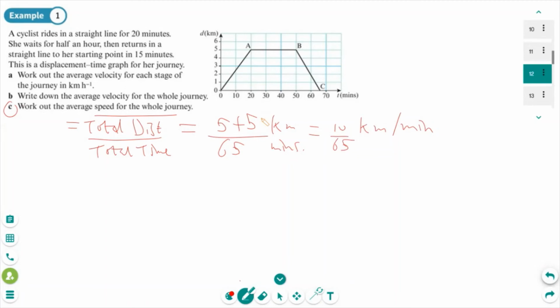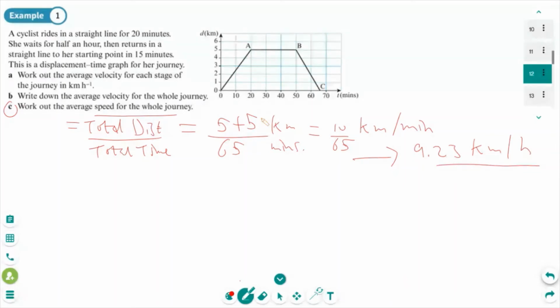So 10 divided by 65 times by 60 will give you 9.23, about 9.23 kilometers per hour. Okay, that is the speed for the whole journey.